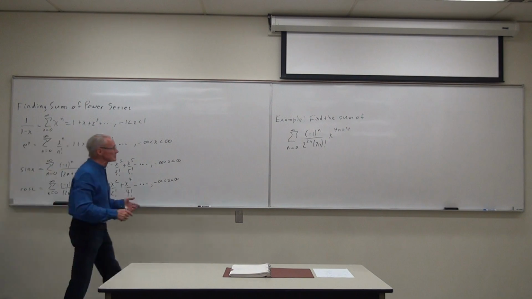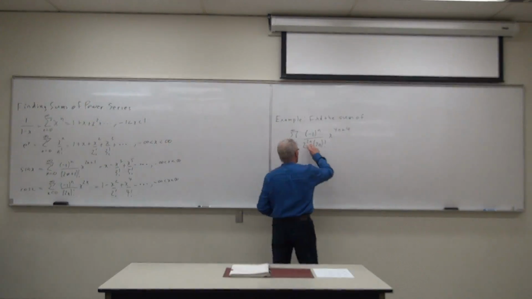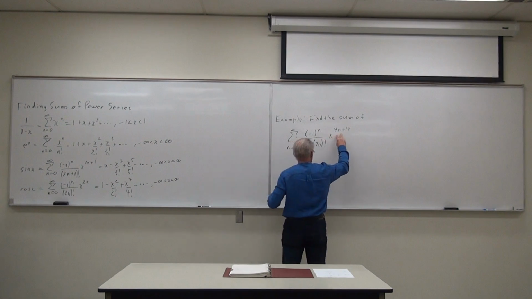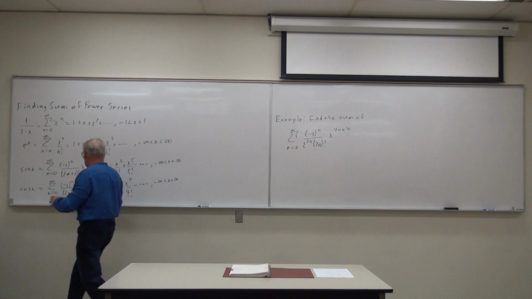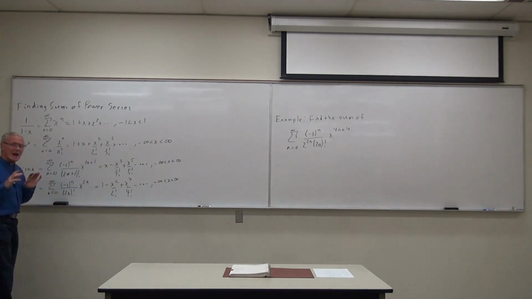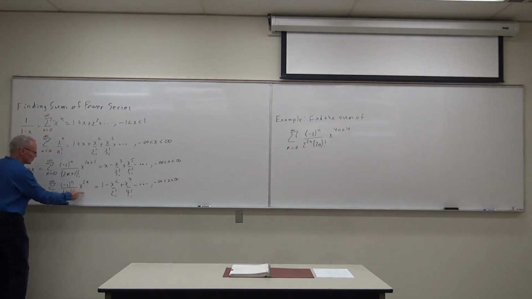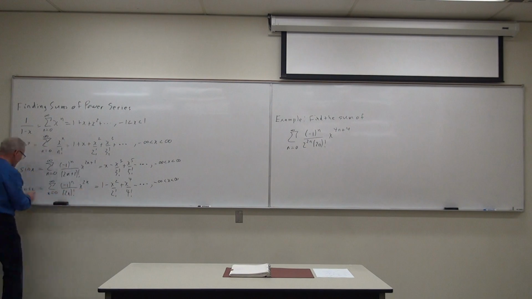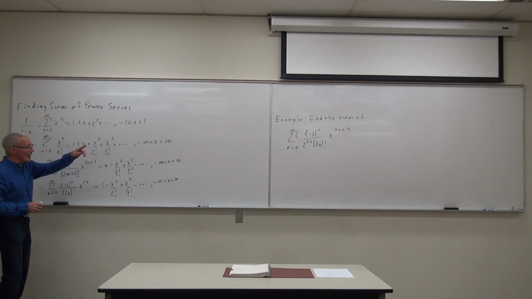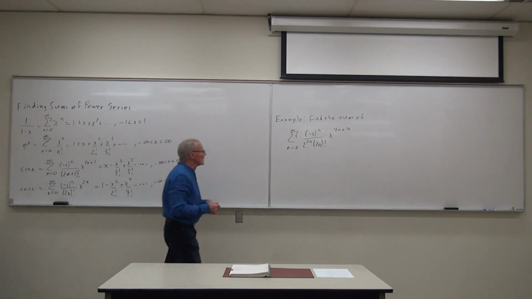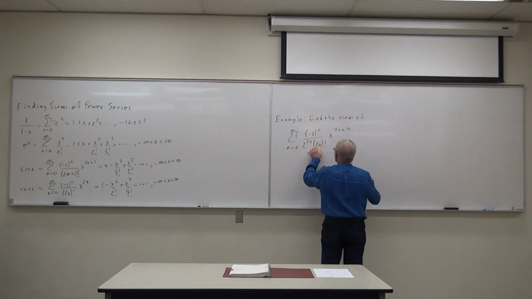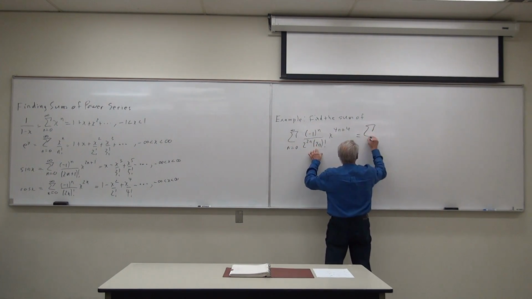The problem is there's extra stuff here. I've got this, which is not over there, and this doesn't quite look like that. But remember, this is valid for any x whatsoever. If you put something here, all that matters then is that same something must sit here. So I'm going to look at that, and I'm going to try and arrange it to look like this. So I'm going to leave that alone, and I'm going to leave that alone. I like those.